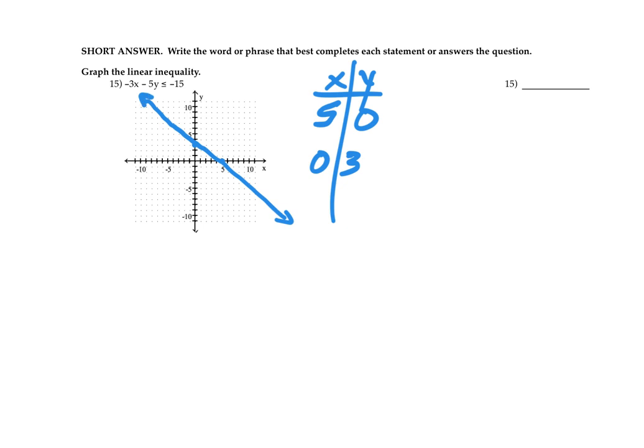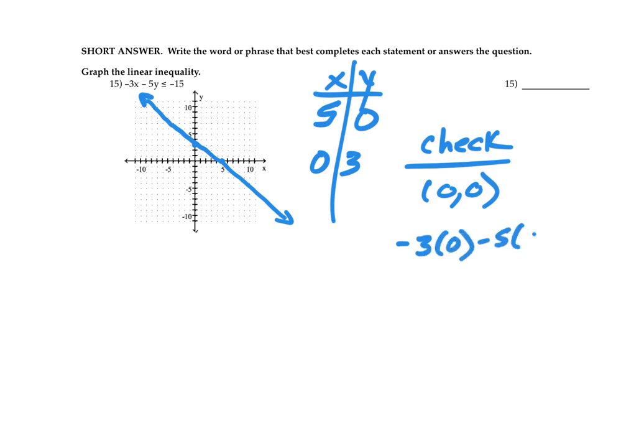And then we have to decide where we are going to shade it, okay? And no matter what method you use here, whether you solve for y or use the cover-up method, I always like to check with a point. (0, 0) is always my go-to because using 0, 0 should be a piece of cake. So I'm going to go -3 times 0 minus 5 times 0 is less than or equal to -15.